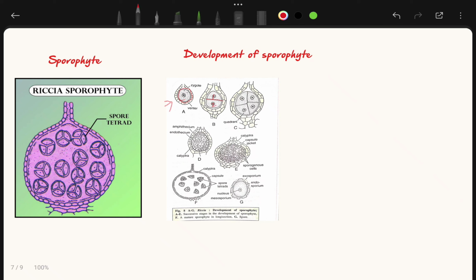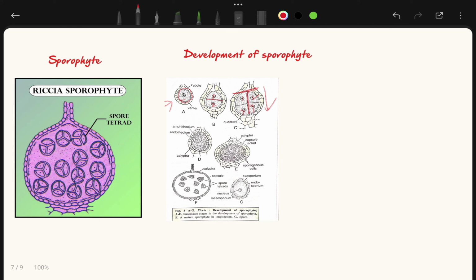Both of these cells are equal in size, and after this it will undergo another division in this manner, and this will give rise to 4 cells, 1, 2, 3, and 4. The third division will be a vertical division. Since I cannot draw here, the division will occur somewhat like this, from the top view in this direction, and this will give rise to 8 cells.